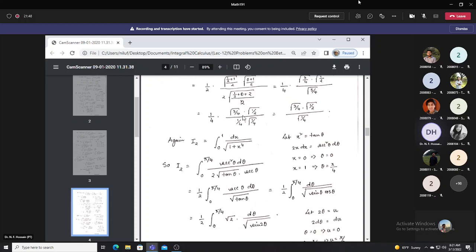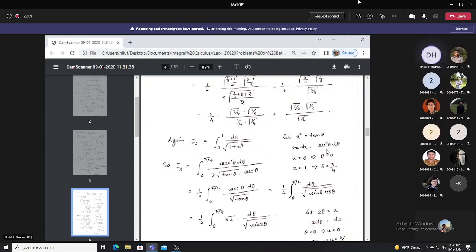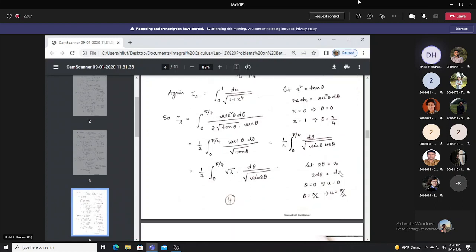Here the substitution must be different because the sign is not minus, it is plus. So let us take x square equal to tan theta. So 2x dx should be sec square theta d theta. And what are the limits? When x equals 0, theta should be 0. When x equals 1, theta should be pi by 4 because tan pi by 4 is 1. Now dx equals sec square theta d theta divided by 2x.